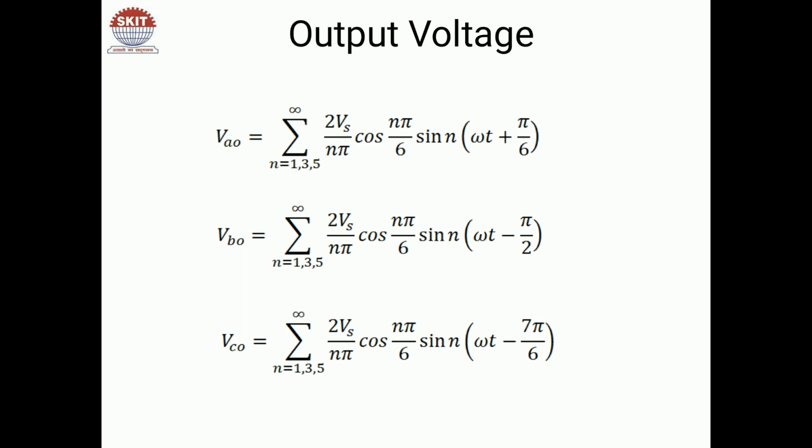Now the output voltage of the inverter circuit. These are the output voltages VA0, VB0 and VC0. These are the phase voltages of the output of the inverter circuit.